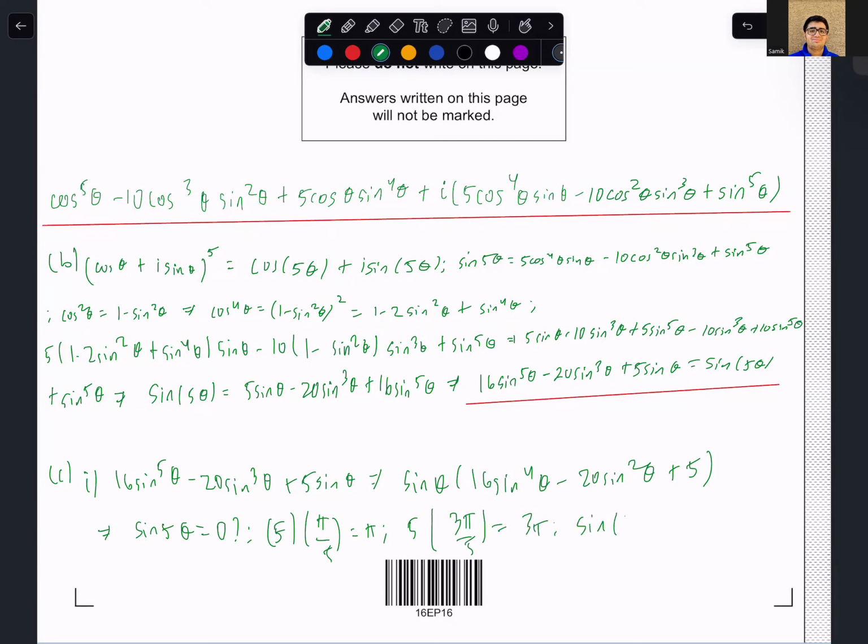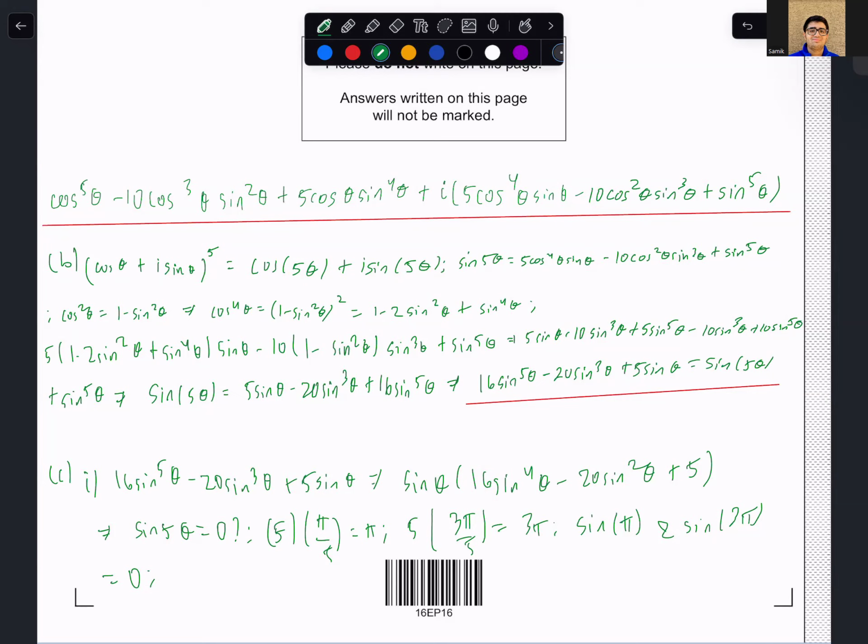So sine of pi and sine of 3 pi both equal 0. Hence we can show that these two are the solutions.